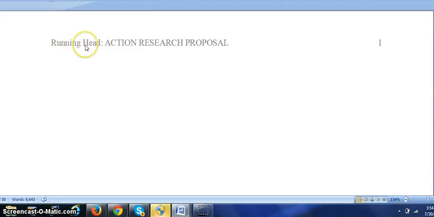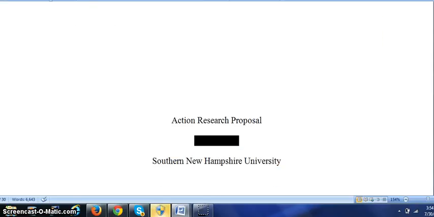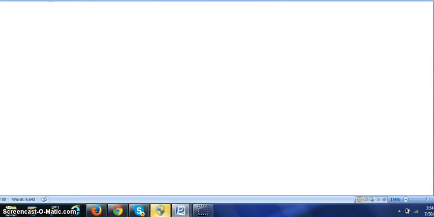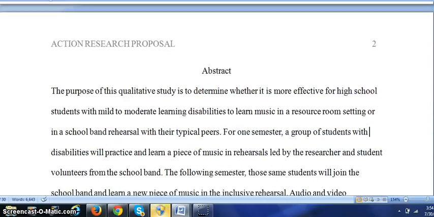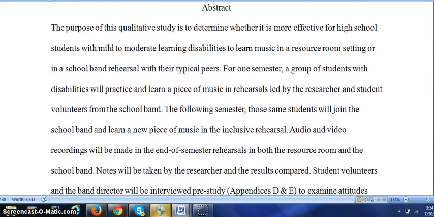Running is capitalized. This should be lowercase, and then all caps here. That's correct. And then on all other pages, you're going to leave off the two words running head altogether, and you're just going to include the name of your paper, and you're going to include it in all caps.